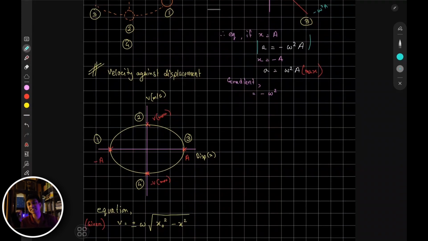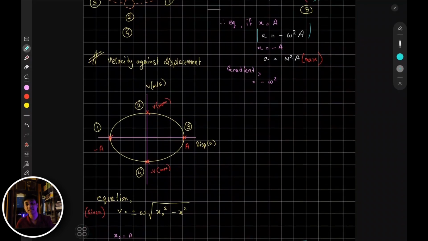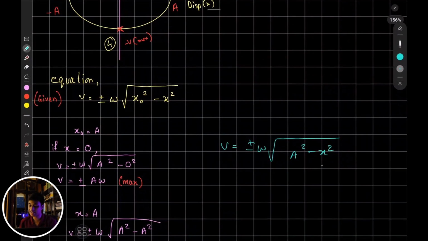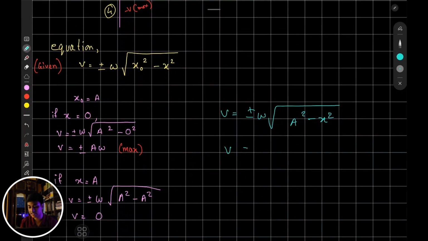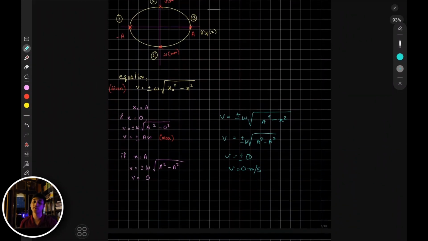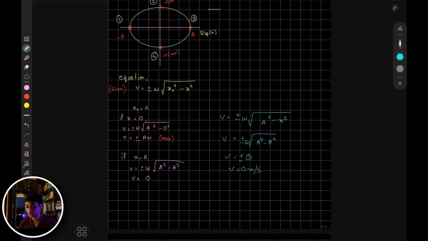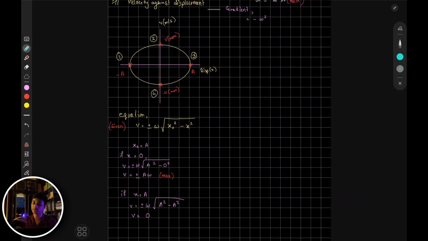So if the displacement is maximum, you can say x is equal to a, the amplitude. Nice. So you can say v is equal to plus minus omega root of a square minus a square, and v is equal to plus minus 0, or v is 0 meters per second. This is when velocity is 0. Great. So this is how you can use the equation to get different values.